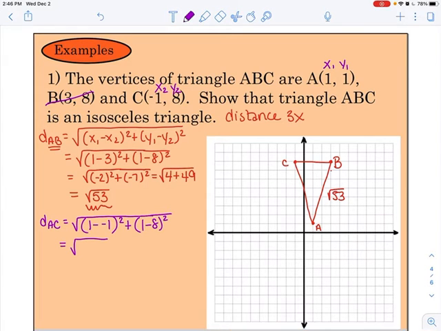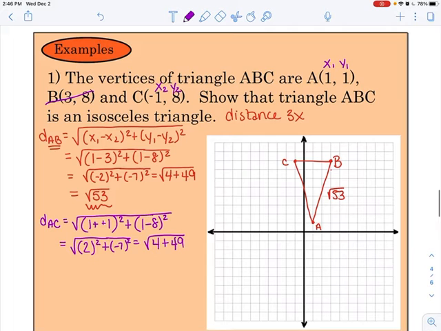Use your calculator to help you. No sense in getting something wrong because you can't add or subtract correctly. That's going to be a keep, change, so that's going to be 2 squared. And then the other one, 1 minus 8 is going to be -7. 2 squared is +4. Should be squared here, sorry. Negative 7 squared is a positive 49.